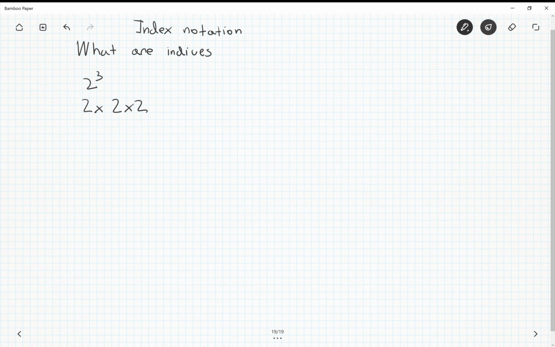That's basically what an indice is. Indices are a shorthand way of representing repeated multiplication of the same factor. So it's repeated multiplication of the same number. Here we're multiplying 2 multiple times, so it's being multiplied by the same factor. So that's what an indice is.